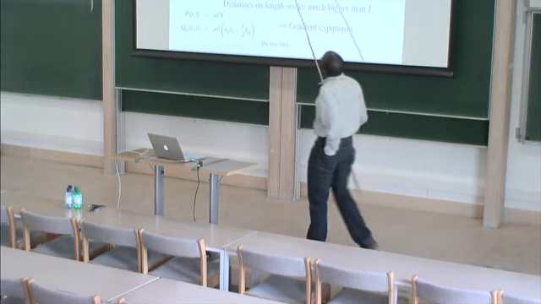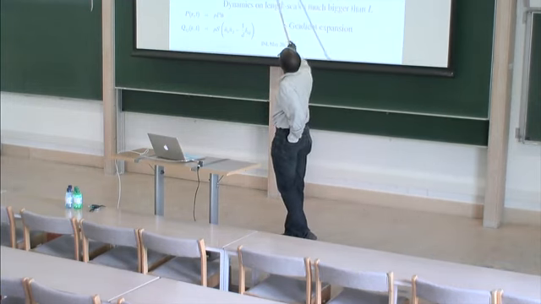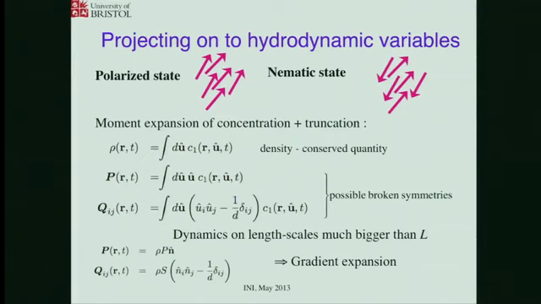So now, given that we have this polarized or nematic order possible, we can perform a moment expansion of the concentration. So I can calculate the density of particles, which is the average over all orientations.